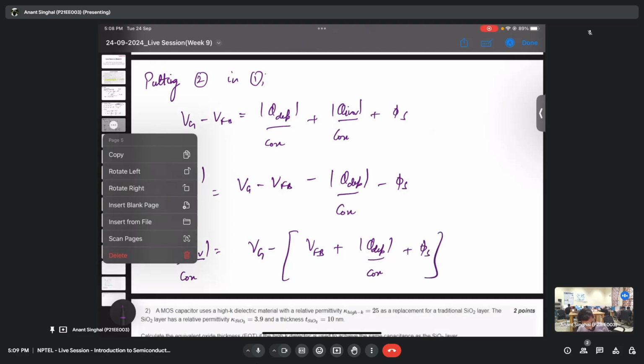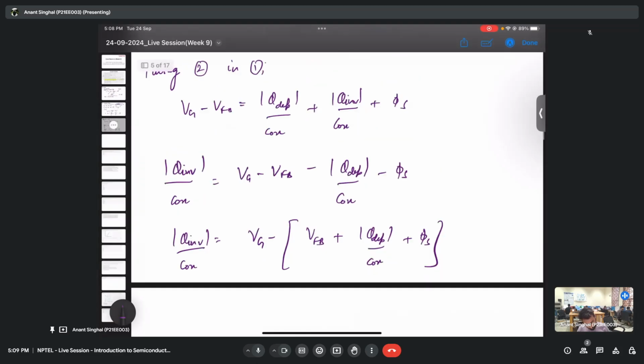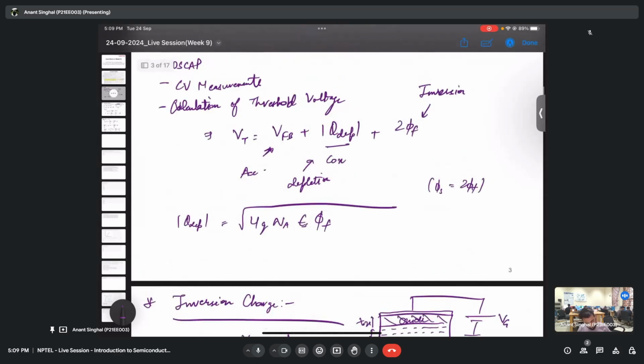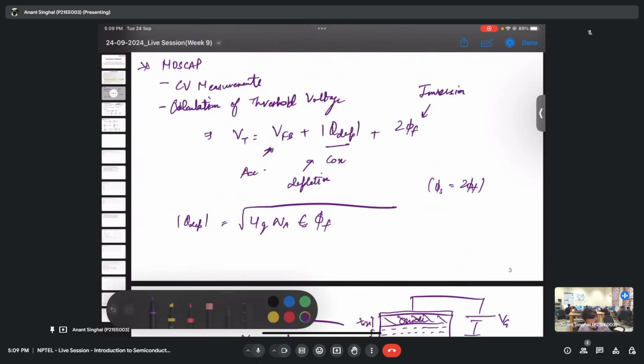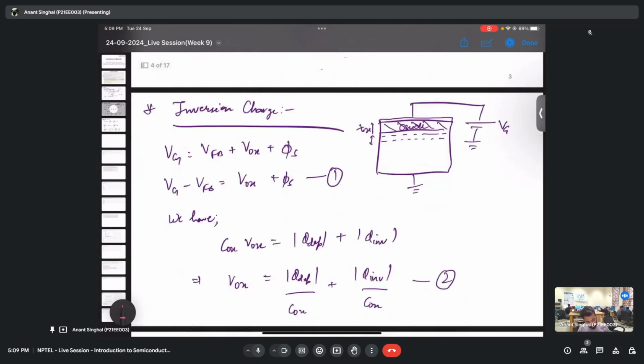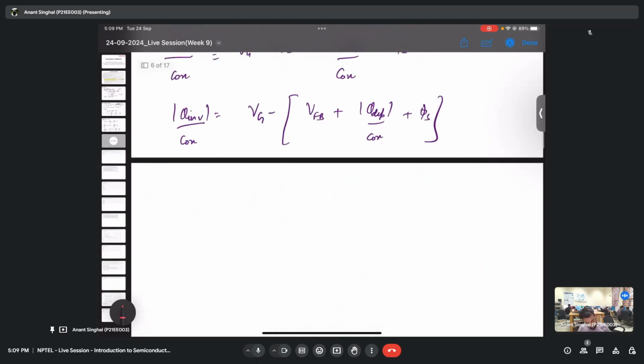And if you remember the first line I wrote at the start of the lecture, we came to know that the threshold voltage is nothing but the sum of the flat band voltage, which is this term, the Q depletion over Cox due to the depletion when we deplete the carriers, and at last, to make the inversion, the addition of the surface potential, which is 2 phi f, which is this particular term. That is nothing but Vt.